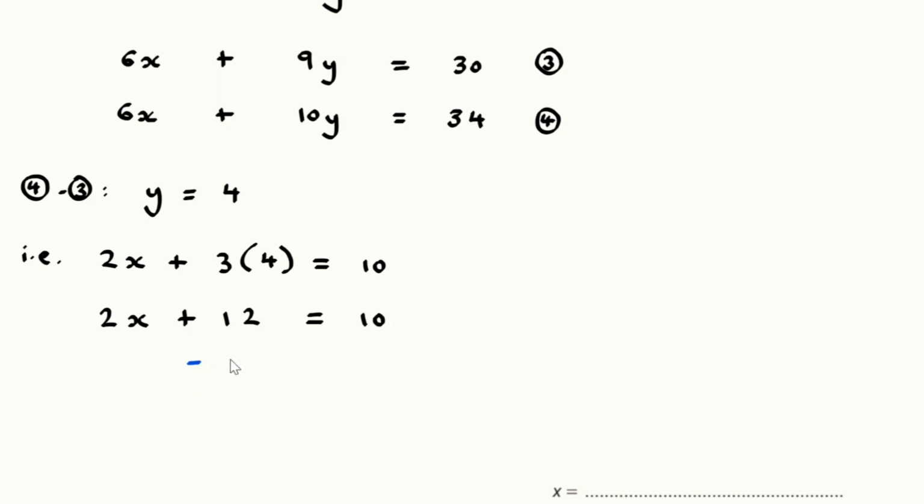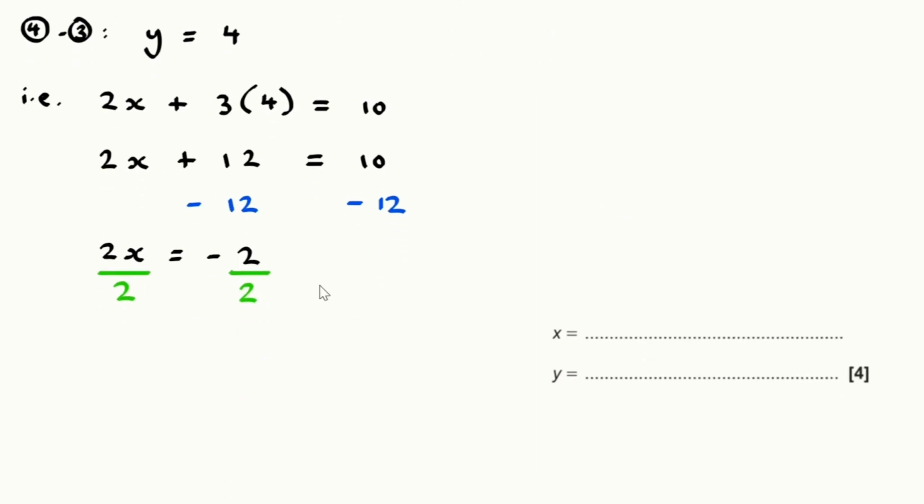Subtract 12 from both sides. 2x is equal to minus 2. And dividing both sides by 2, I end up with x equaling negative 1. So I've got negative 1, 4.